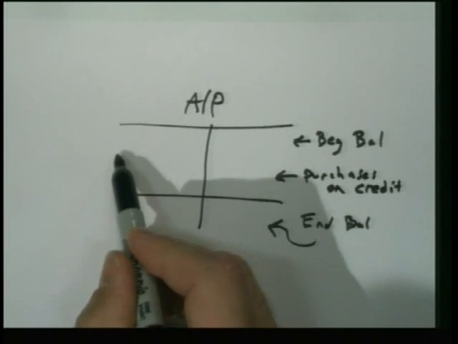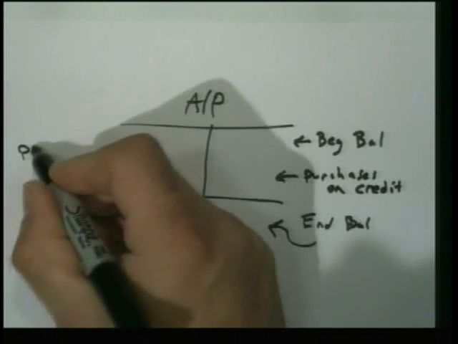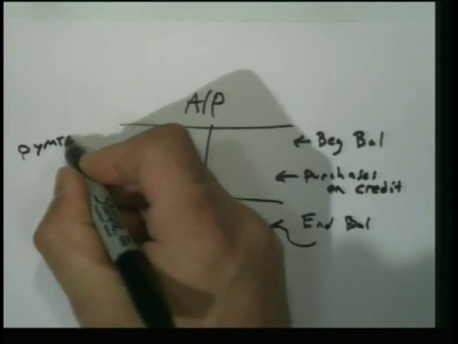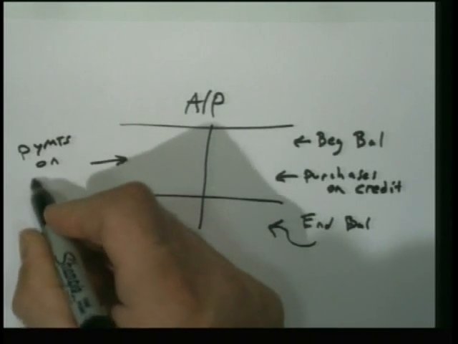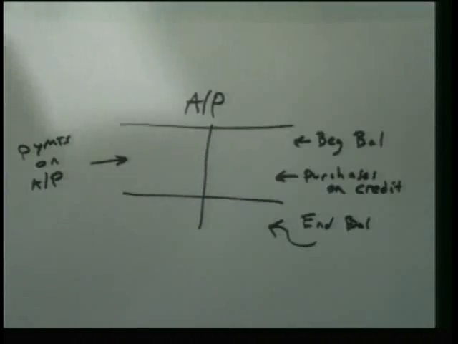When is accounts payable debited or decreased? Pay off your bill. Right. We could say payments on accounts payable, as we pay that off. So let's see what they give us.